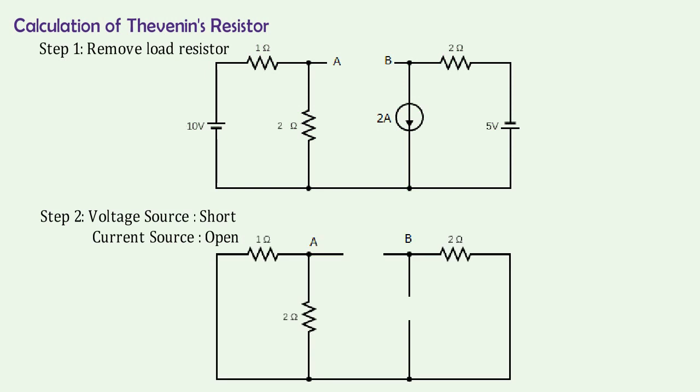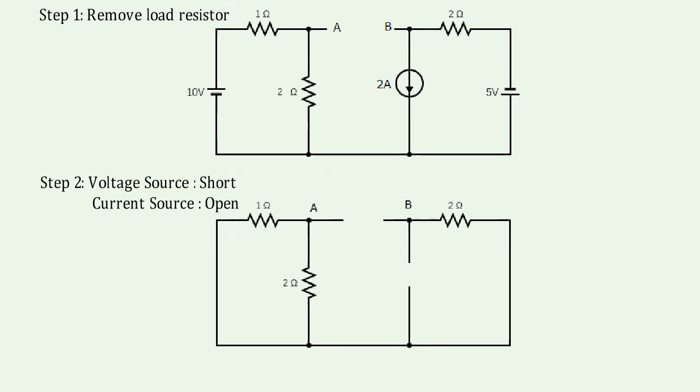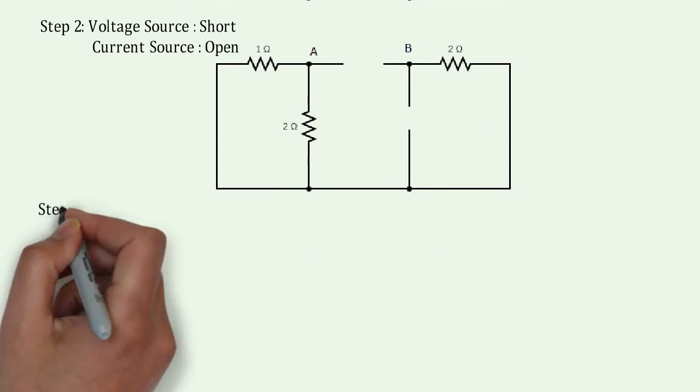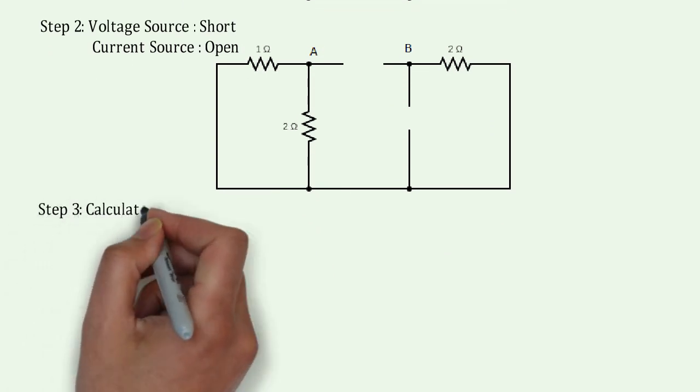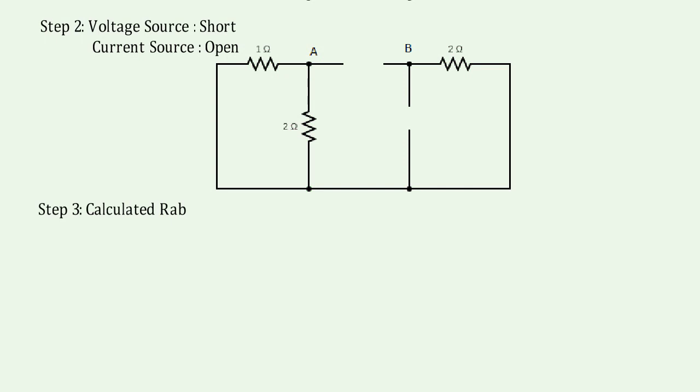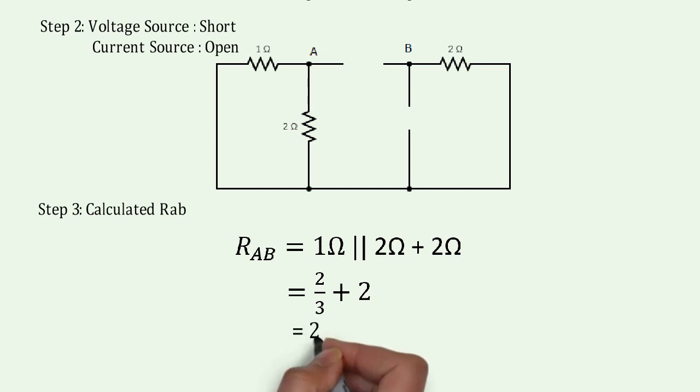Friends, in this last step, we need to find the equivalent resistance at points A and B. Here it can be seen that the 1 ohm resistor and 2 ohm resistor are connected in parallel and another 1 ohm resistor is connected in series. So after solving, we get 2.67 ohm as RTH.